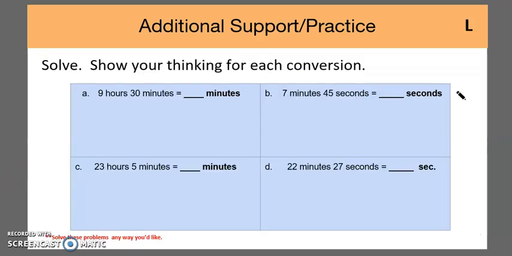Okay. Here are some additional practice problems, and we can allow students to work through these problems and see what they can come up with, and we can assess their learning based on this. We can also see if there are any issues with converting hours to minutes, minutes to seconds, or if they manipulate the units that are already in minutes.